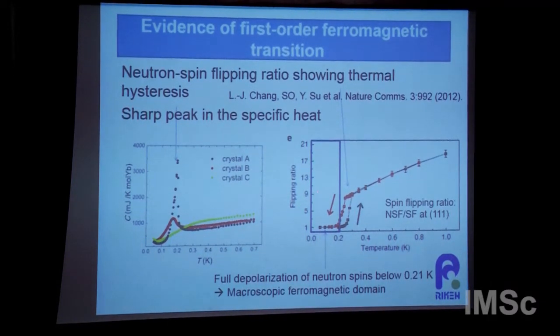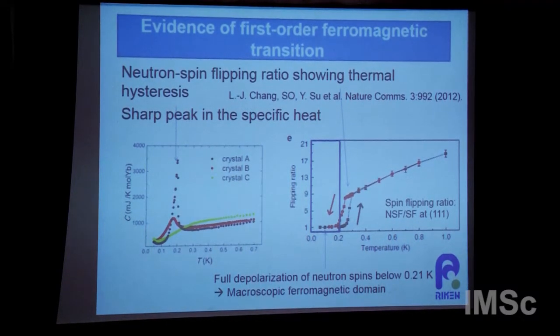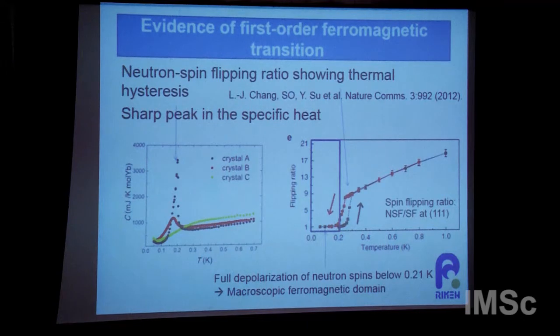That is what they call the flipping ratio. So the neutron spins are polarized at the incident source. When they come into the crystal, they are scattered, and some of them are spin flipped, while some of them remain in the same state.